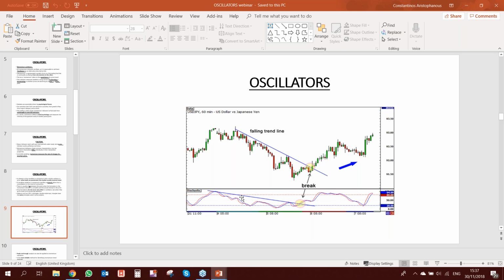We can chart the oscillator by drawing a trend line. We did have a confirmation, a break above the trend line well before price did. We do not enter. This is an alert. We wait for the price. We have a price confirmation breaking above the trend line, and then we see price rallying to the upside.